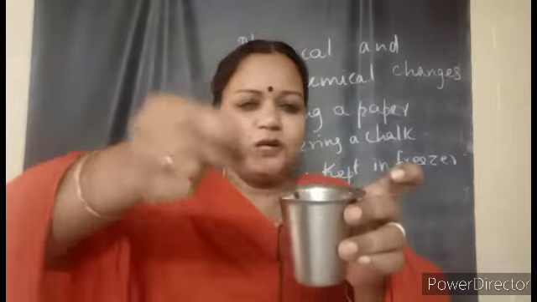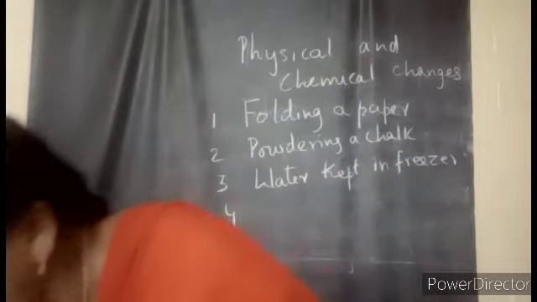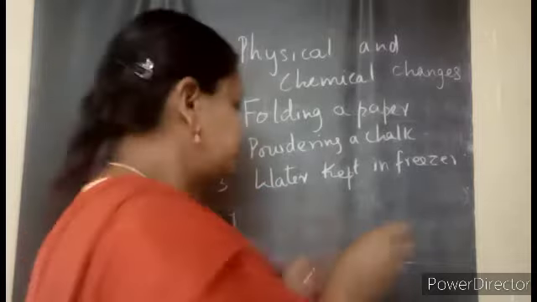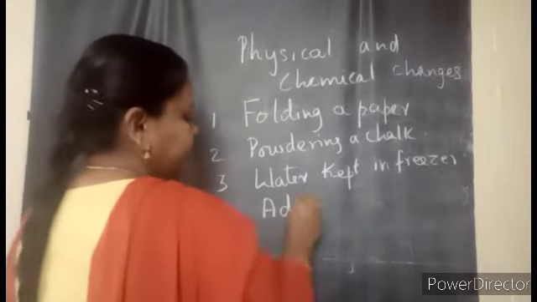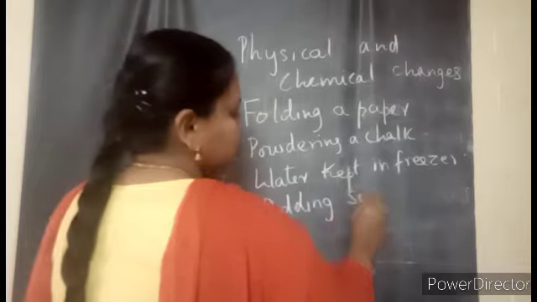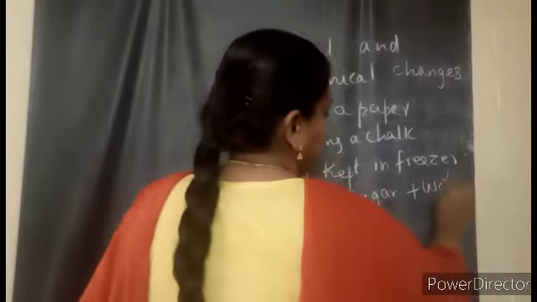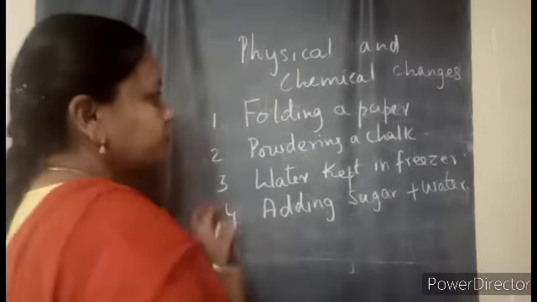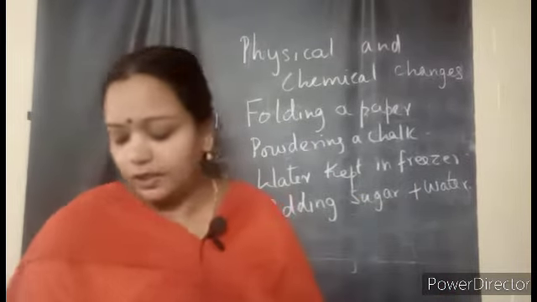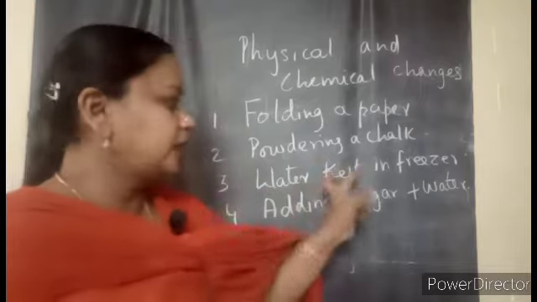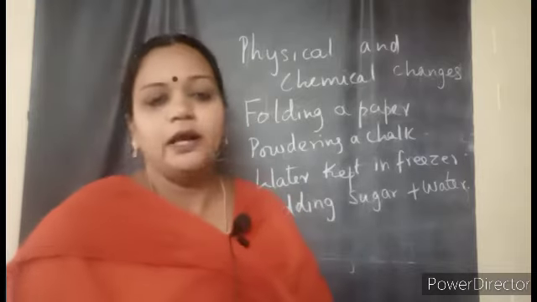Sugar solution it has become, you can see. This is also one example we are going to take for consideration. Adding sugar to water. So first folding a paper, powdering a chalk, and also water kept in the freezer, and adding sugar to water.